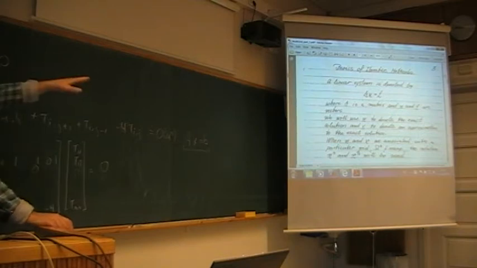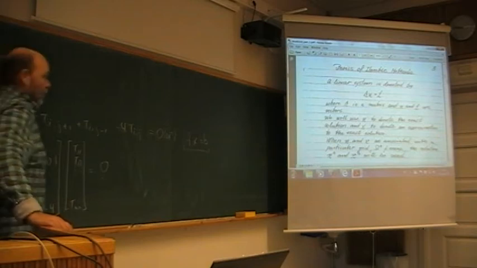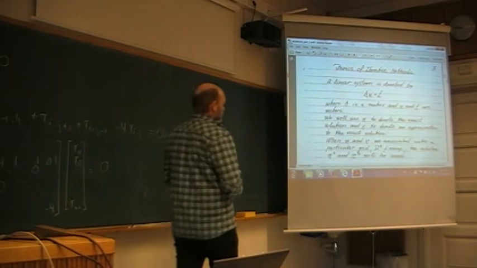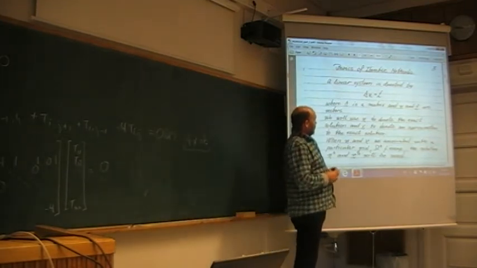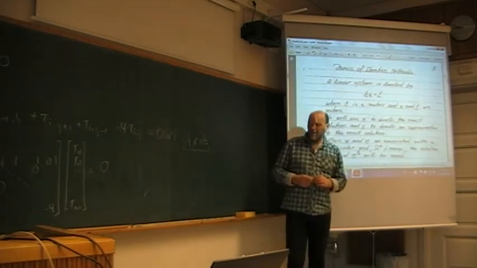Where is the birth of your algebraic equation system? Well, it comes from a real equation, a real partial differential equation, discretized, then you get a matrix. This equation system will normally be linear.